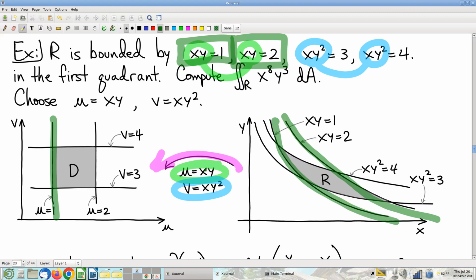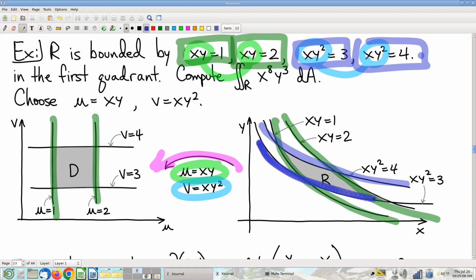Likewise, if u equals xy and if xy equals 2, okay, well then u equals 2, another straight line in the uv plane. And likewise, these two equations here, these two curves also become straight lines, these horizontal.